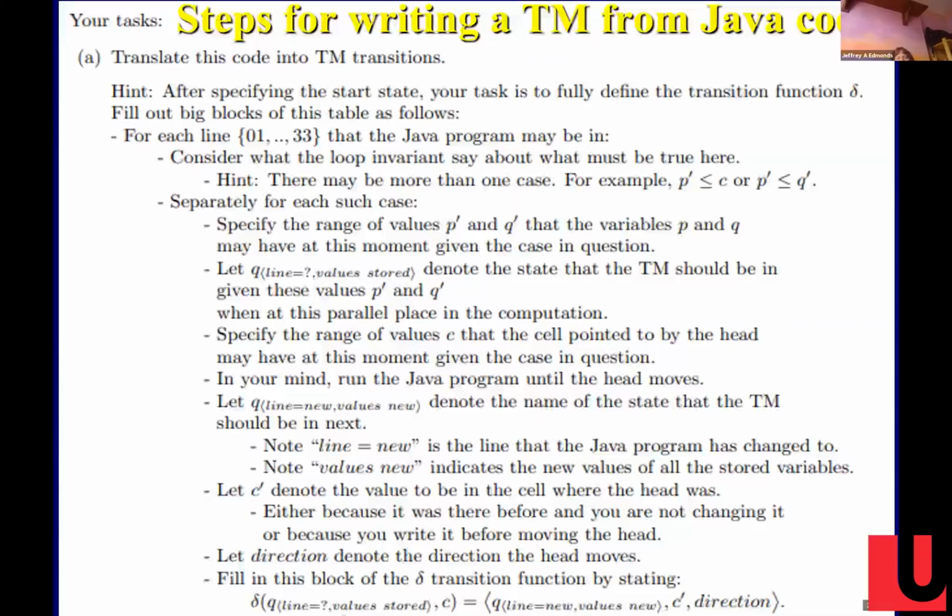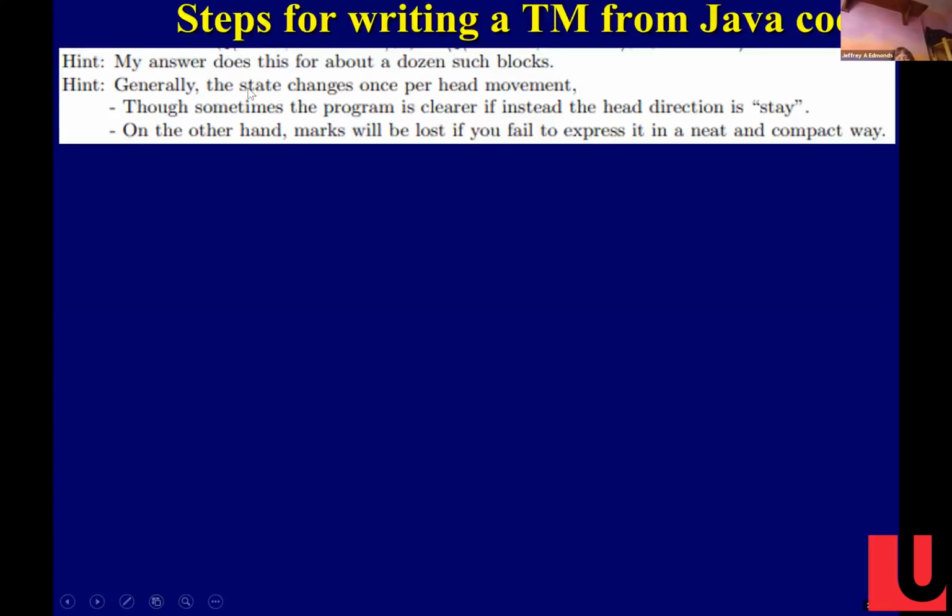All right. Here's my other hint. Let me do this other hint, and then we'll go through an example. Here, I'm saying generally the state changes every time you move the head. So remember what I said is you run the code until the head moves. But once in a while, just aesthetically, I'm going to want to not move the head, to keep the head in the same place.